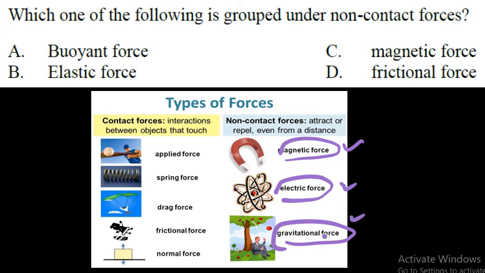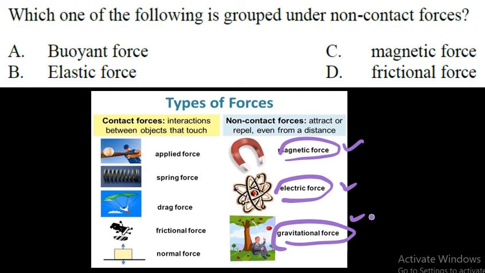Remember, for example, gravitational force. If you are at the top of the roof and you fall, it is because there is a gravitational attractional force, but there is no contact with the ground. You are on the roof, but when you fall, there is a downward force.